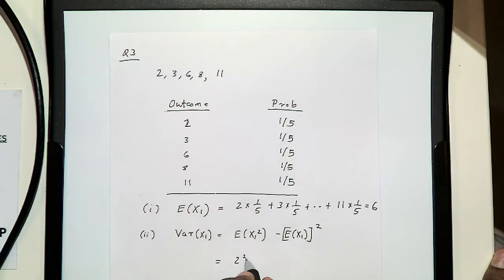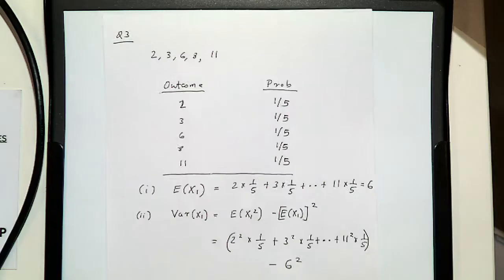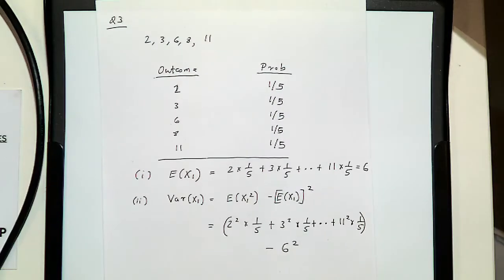So it's going to be 2 squared times 1/5 plus 3 squared times 1/5, up to 11 squared times 1/5, and you take away from this the square of 6. If you do the math for this, you will get the variance equal to 10.8. So that's the first two parts.